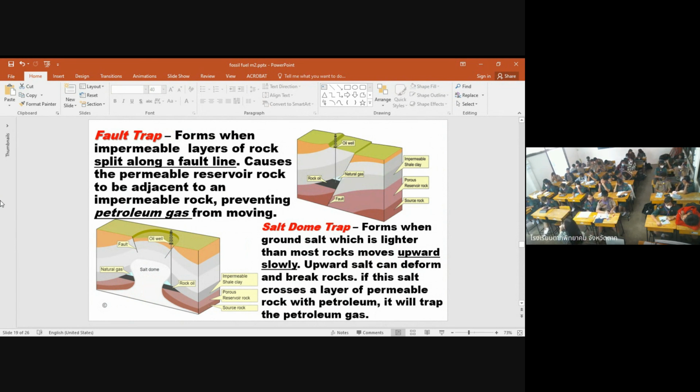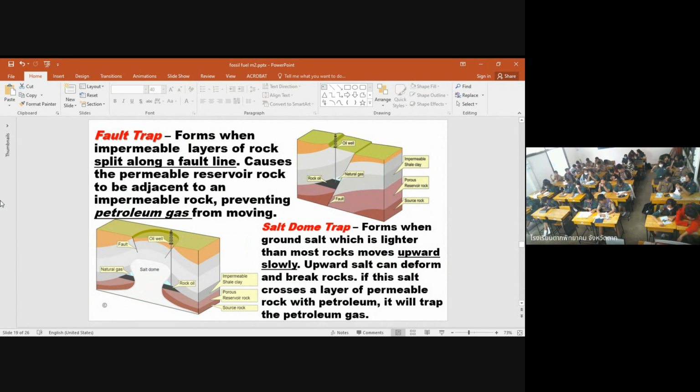We have your porous reservoir rock and your source rock. And this one is your rock oil and natural gas, and this is the one that holds your oil or petroleum.